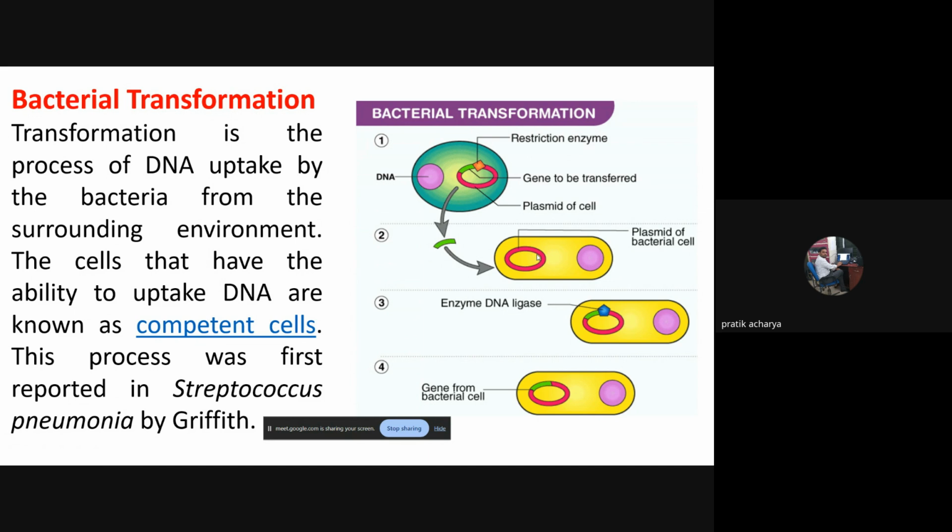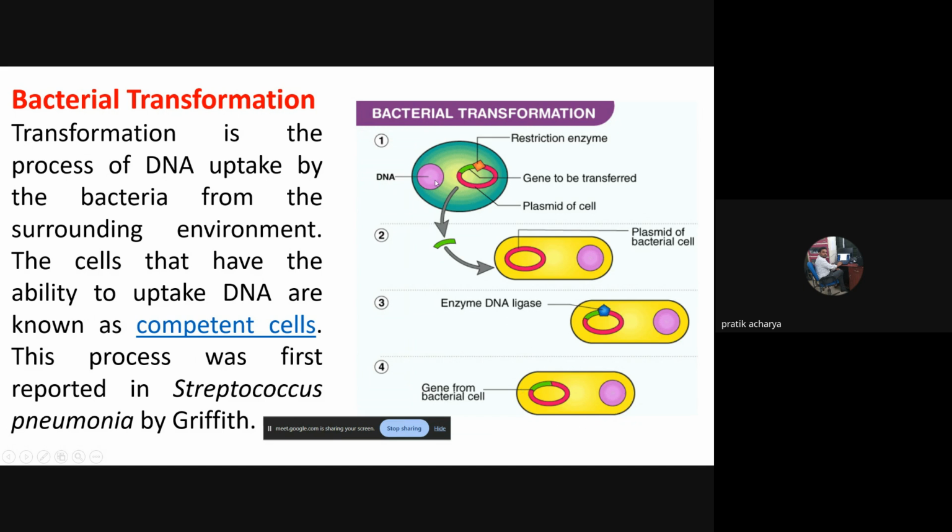Okay. And when the enzyme DNA ligase cuts the portion and incorporates the DNA into the bacterial DNA, it becomes part of this bacterial DNA. And all the properties of the parent bacterial cell come to the new bacterial cell.